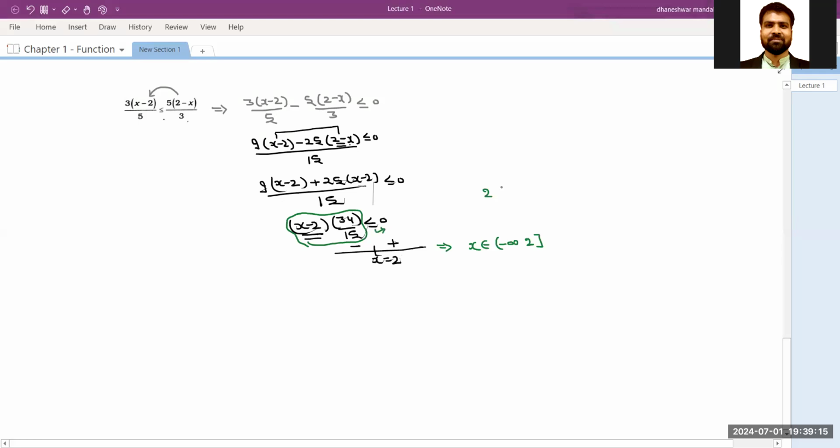If I say 2 is less than 2, that is not correct. But if 2 is less than or equal to 2, then the equality is satisfied, so this statement is true. Okay. That's why if this expression is less than or equal to 0, it means that this expression can be 0. And when this expression is 0, then x equal to 2 satisfies this inequality. That's why I'm taking a close bracket here.